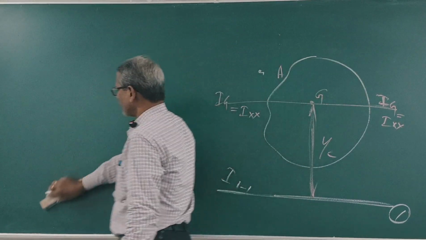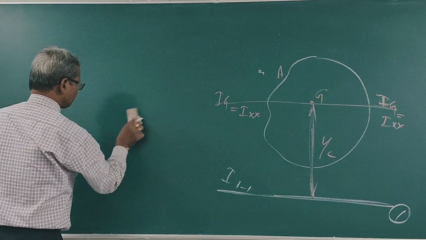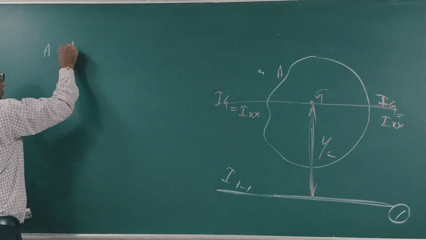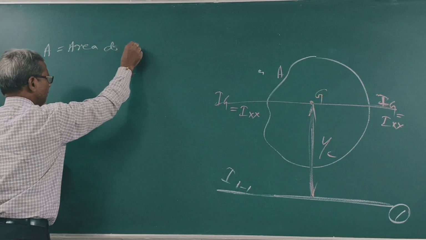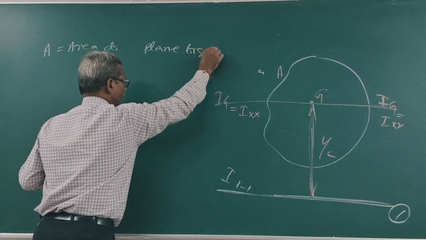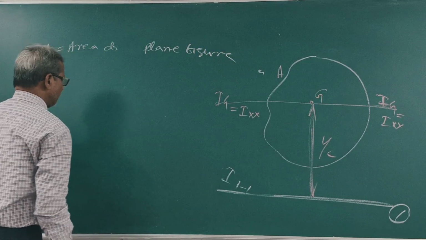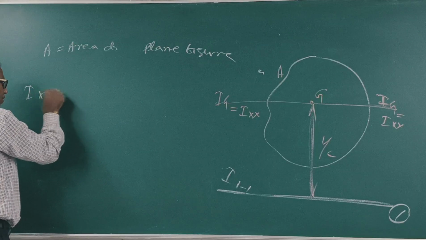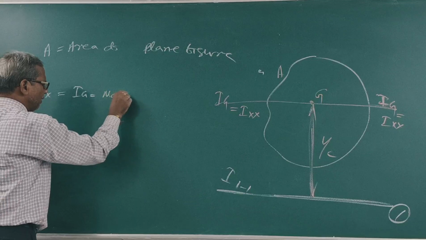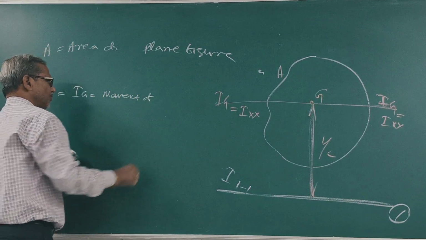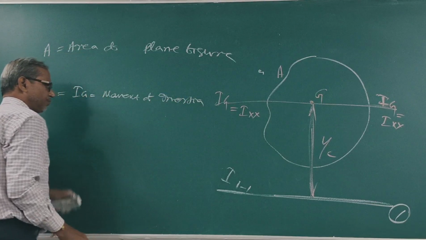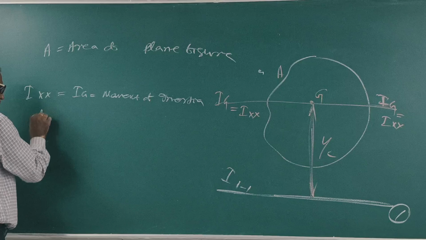Now let A is equal to the area of the plane figure or lamina. Ixx or Ig, moment of inertia about the centroid, about CG.